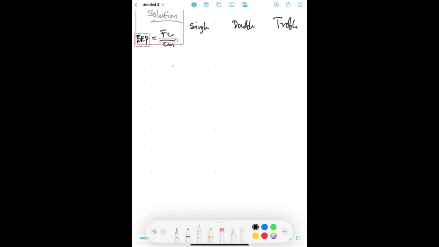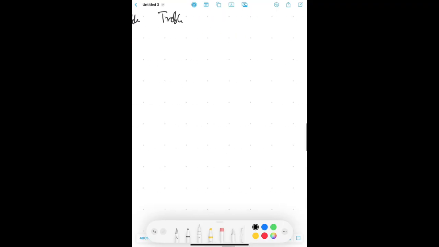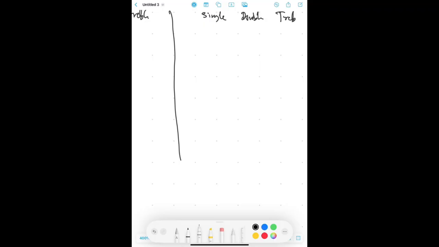Now we'll do some workings to get our fixed cost and contribution margin, for single, double, and treble.